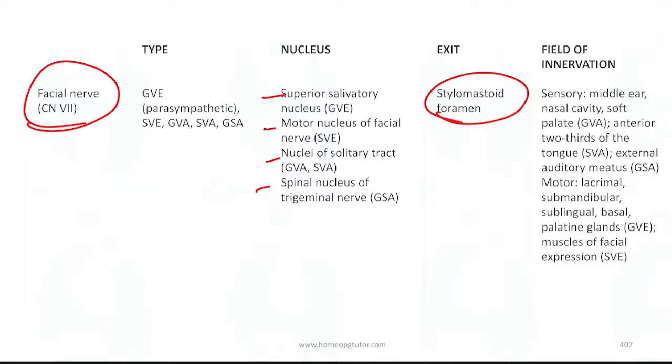I have not gone into detail about facial nerve nuclei, but remember these names, which give off branches to the facial nerve. Then it has sensory supply, motor supply, and parasympathetic supply also. Special sensory, motor, and parasympathetic supply. Fine.